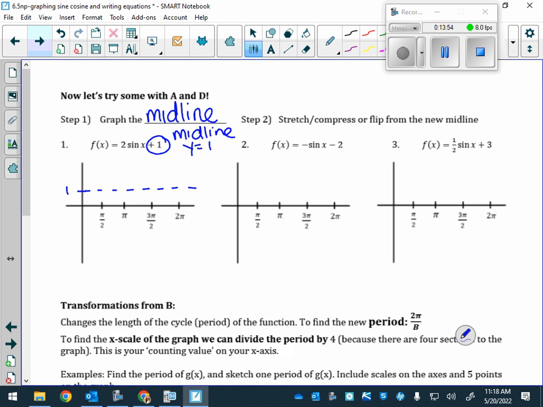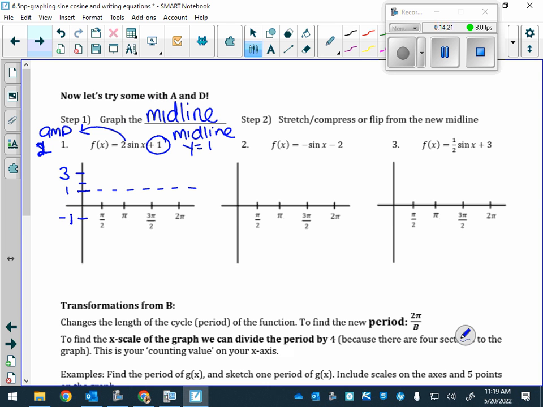Okay. What is our amplitude? 2. Good, there we go. This is our amplitude. 2. So that means from our midline, we're counting 2 above. So what's my highest value? 3. Good. What's my lowest? -1.